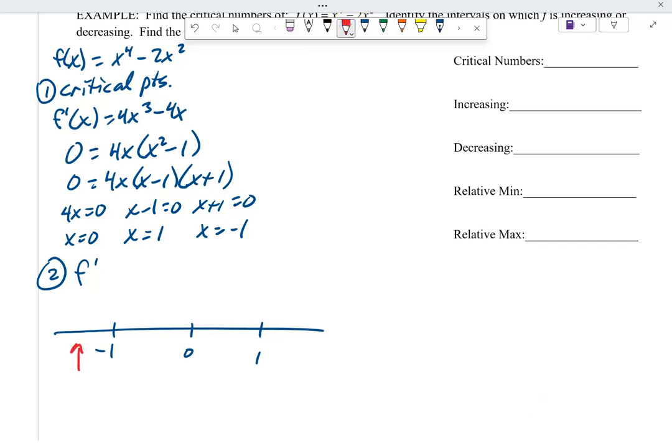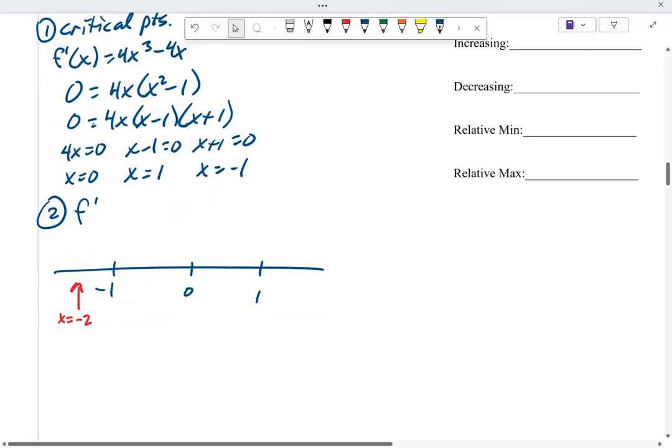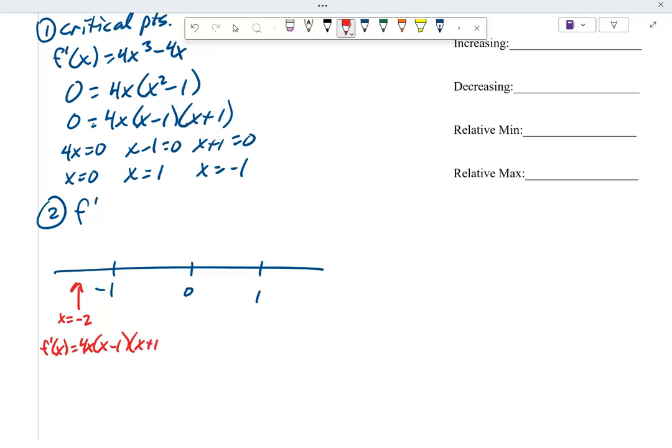So what I'm going to do is test something to the left of negative 1, like negative 2. Here's my first derivative: f prime of x was 4x times x minus 1 times x plus 1. I'm going to plug in negative 2 and see what the slope of the tangent line ends up being. I got negative 8 times negative 3 times negative 1, so it looks like I got negative 24.